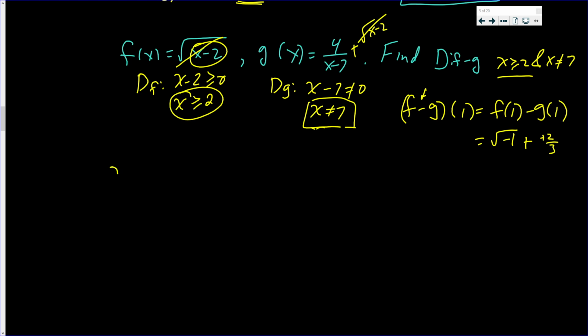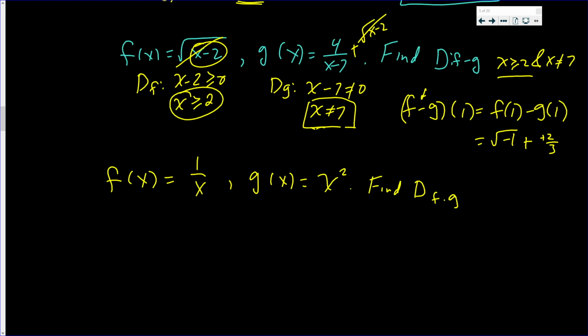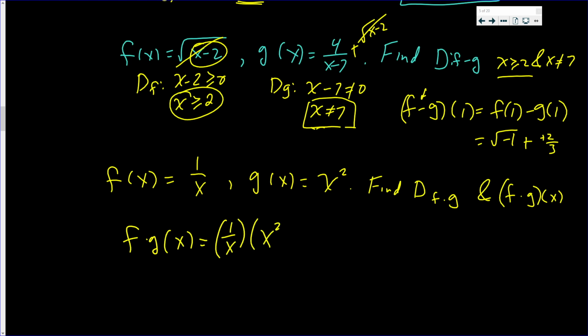Okay. What if I tell you that f of x is 1 over x, but g of x is x squared? And I ask you to find the domain of f times g and to find f times g itself. Well, for the record, if we find fg first, it's 1 over x times x squared, which is x.